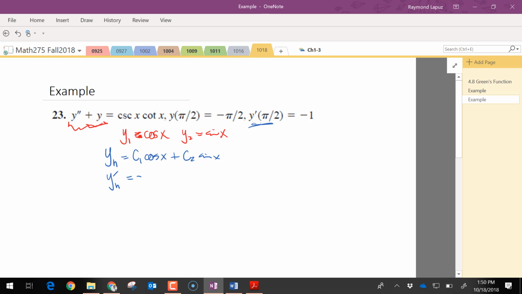Derivative of cosine is negative sine. Derivative of sine is positive cosine. And then we're going to need to put in pi over 2. Our x naught is pi over 2. So cosine of pi over 2, is that 0 or 1? So c1 times 0, and sine of pi over 2 must be 1 then.